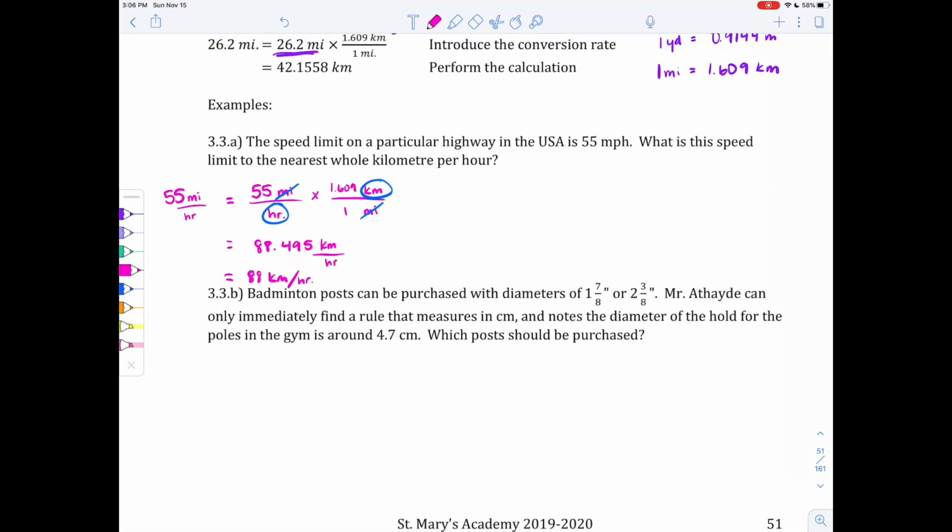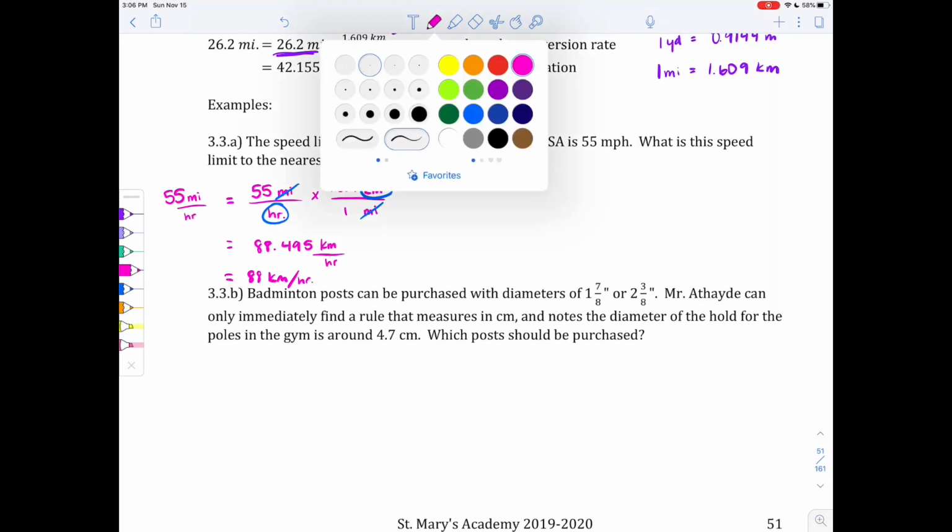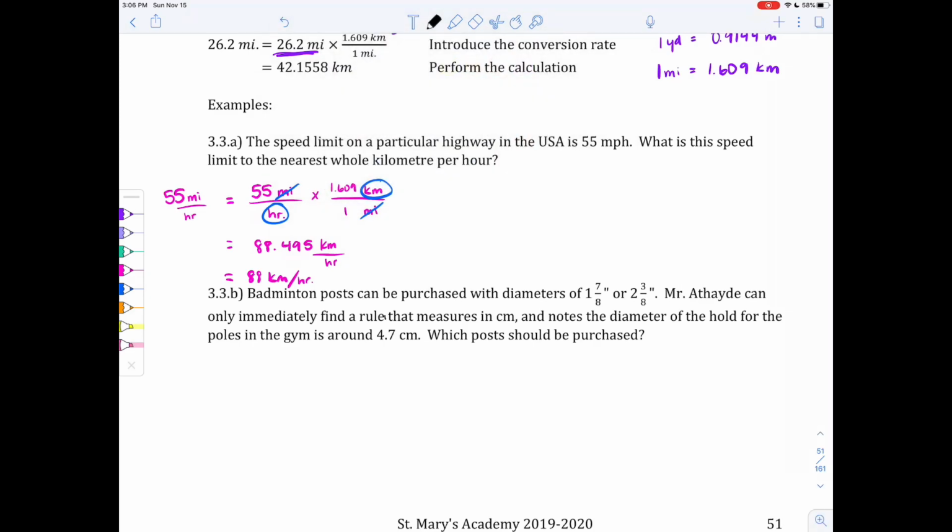Neat. Our next example is based on a true story. You see, badminton posts can be purchased with diameters of 1 7/8 inches or 2 3/8 inches. And Mr. Athide, that's me, can only immediately find a ruler that measures in centimeters.